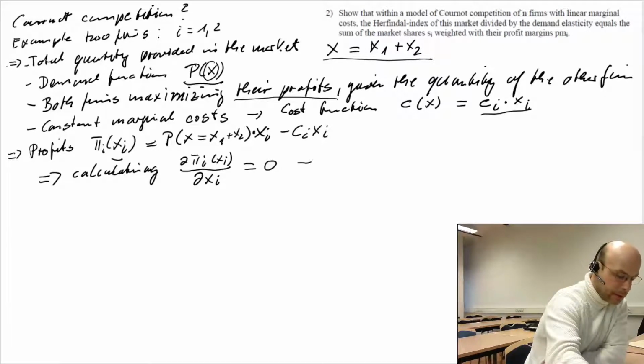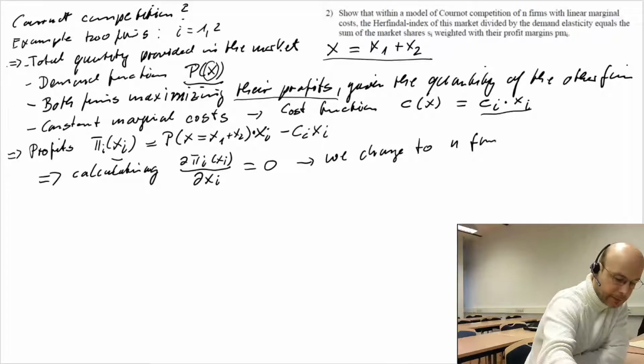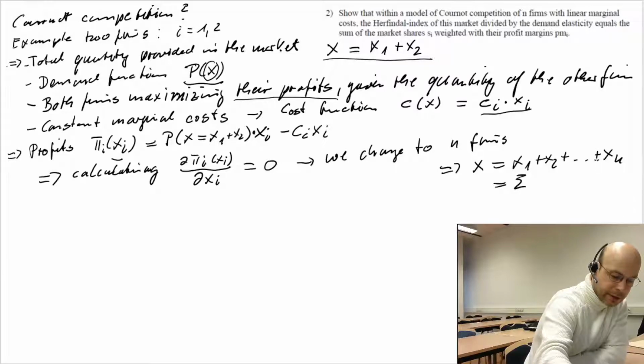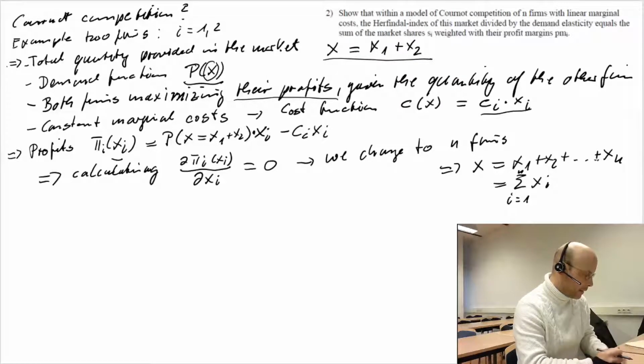And now we change to n firms. And this just means that the total quantity x is just x1 plus x2 plus up to xn, or just the sum of xi, i equals 1 to n.